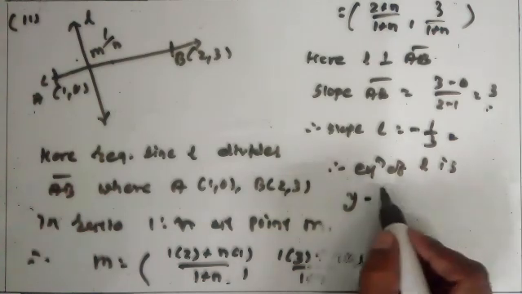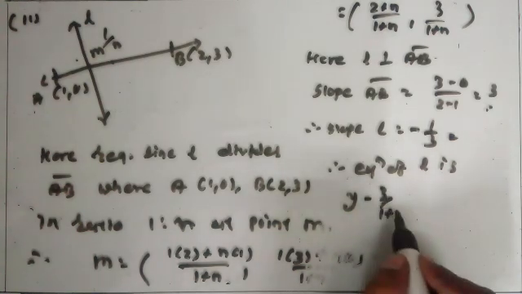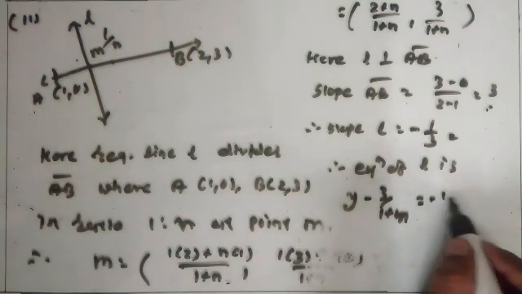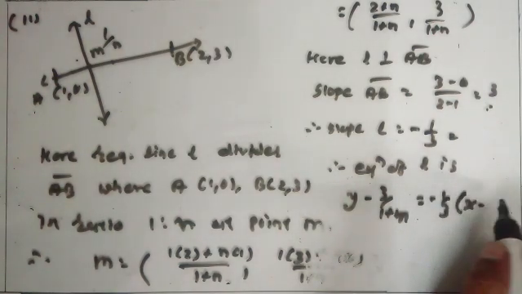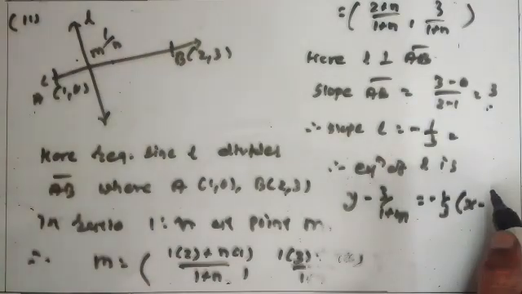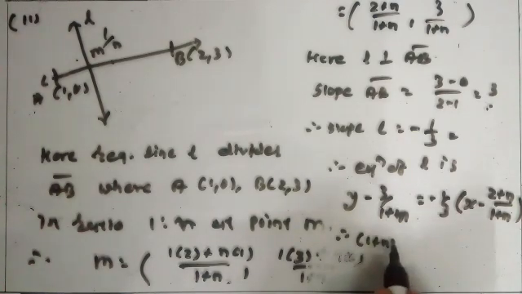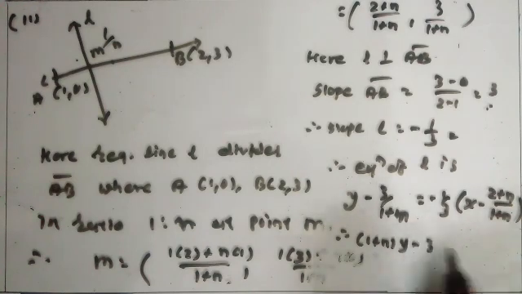So y minus 3 upon (1 + n) is equal to the slope -1 by 3 into x minus the x coordinate (2 + n) upon (1 + n). Now simplify this. Taking the LCM, we get (1 + n) into y minus 3.